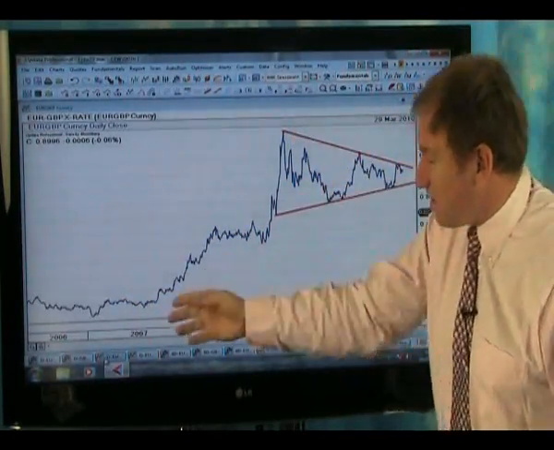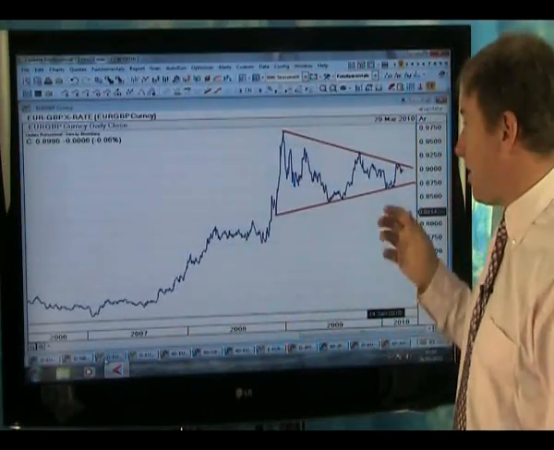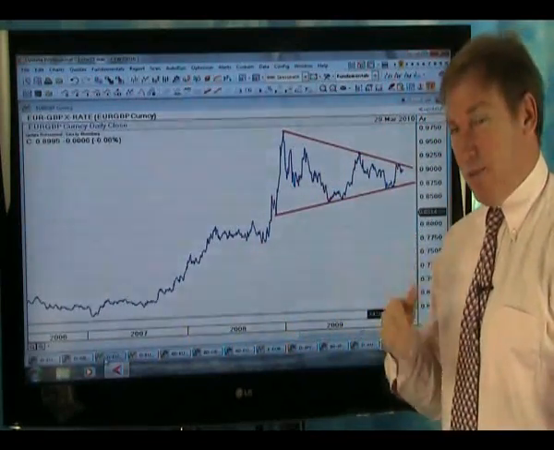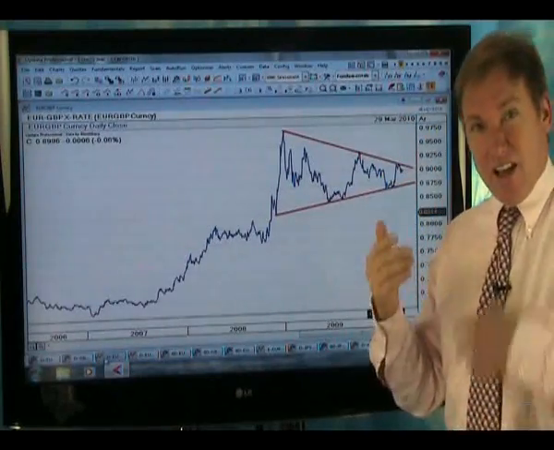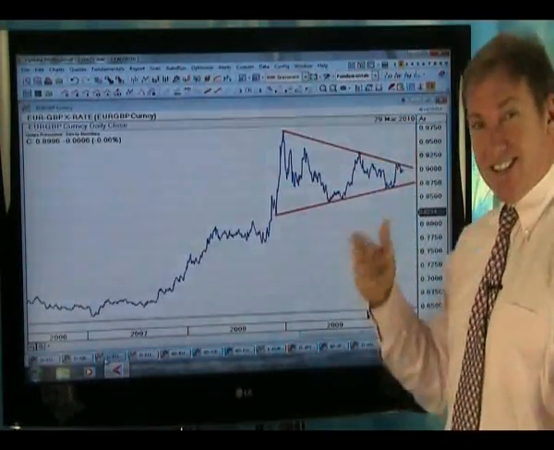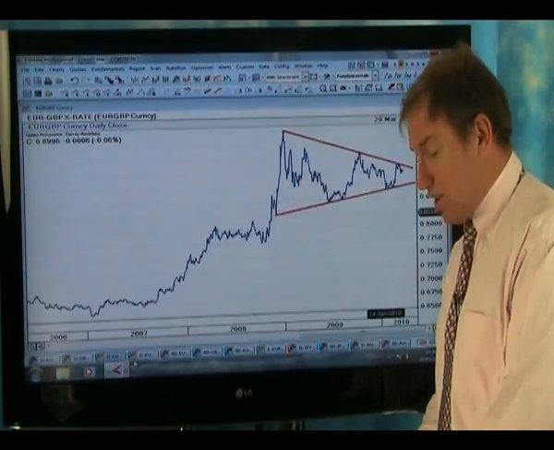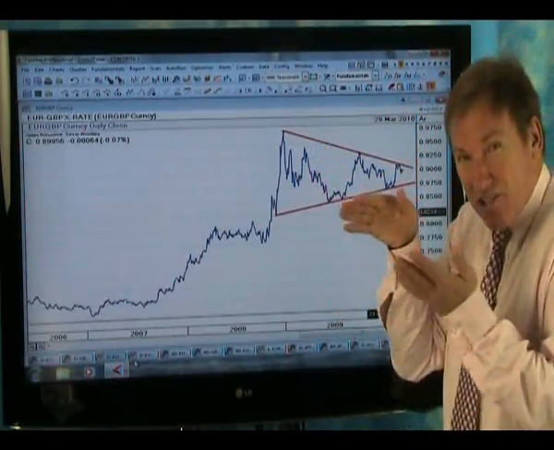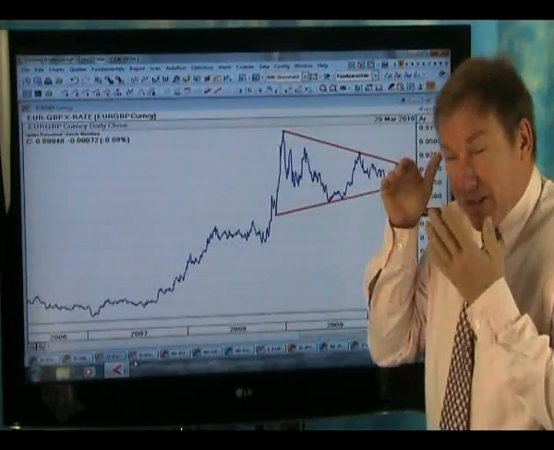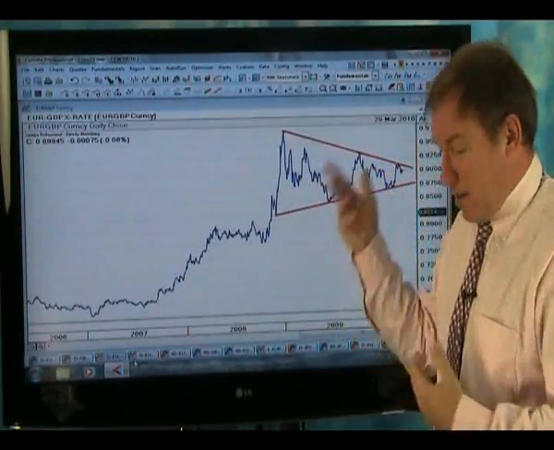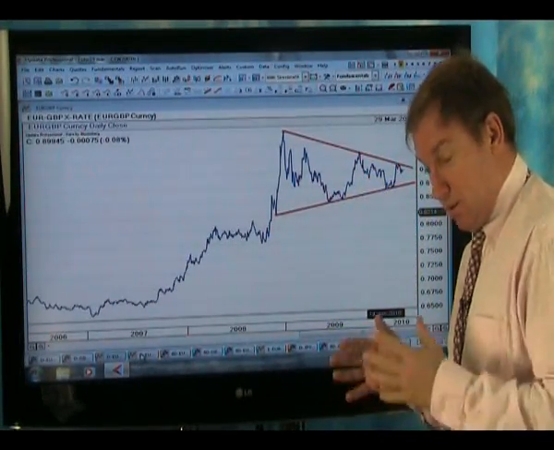This is more likely to be a continuation pattern, so it does suggest that later this year, or next year, we might actually see the pound being worth less than the euro. So quite a key chart, that. The great thing about these triangles, and I do cover these patterns in the book as well, is that when we break, we tend to run them because the lines are converging.